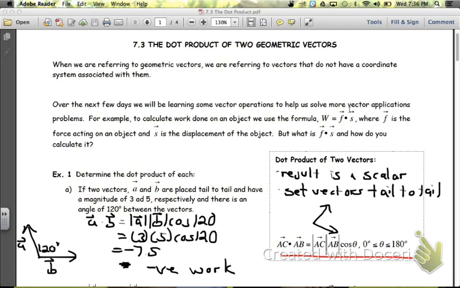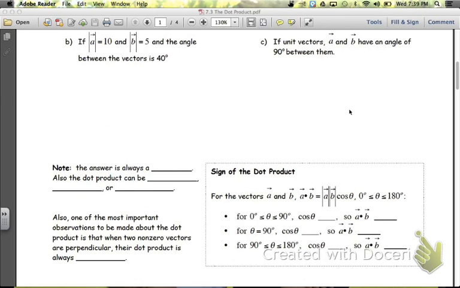Let's look at part B now. If the magnitude of A is equal to 10 and the magnitude of B is equal to 5, and the angle between the vectors is 40 degrees, we want to find the dot product of A and B. So the dot product of A and B in this case is equal to 10 times 5 cos 40.